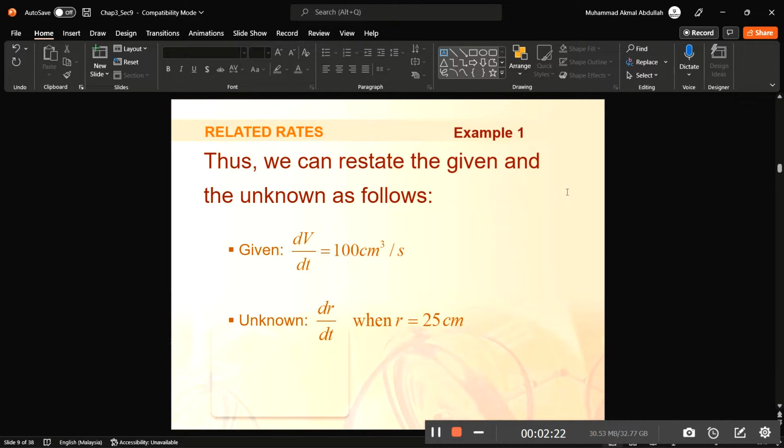Then we can restate the given and the unknown as follows. Given dV over dt equal to 100 centimeter cube per second, then the unknown is dr over dt when r equals 25 centimeter, because the diameter given is 50 centimeter. So for the radius we just divide by half.